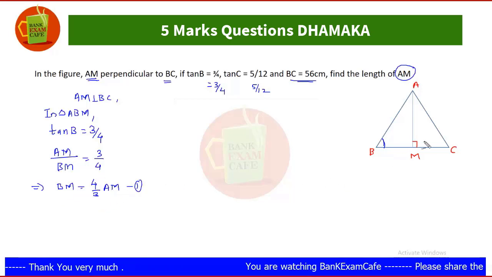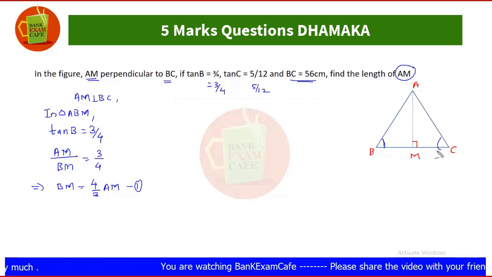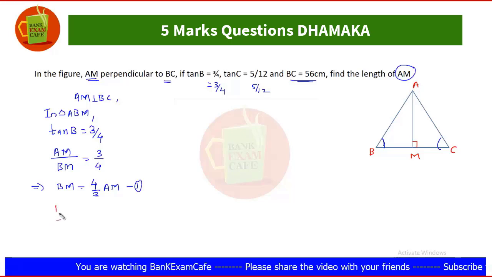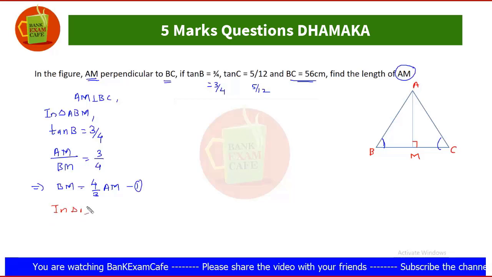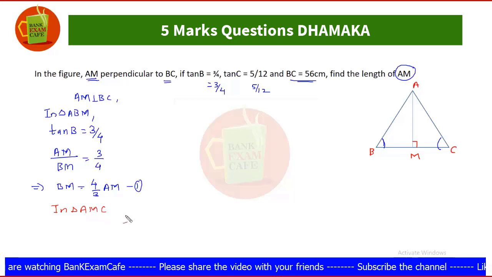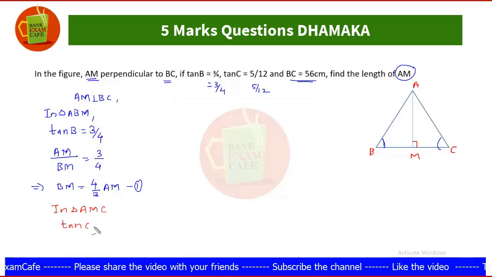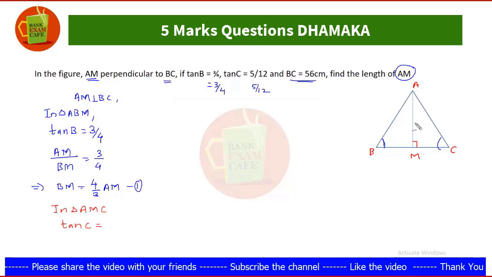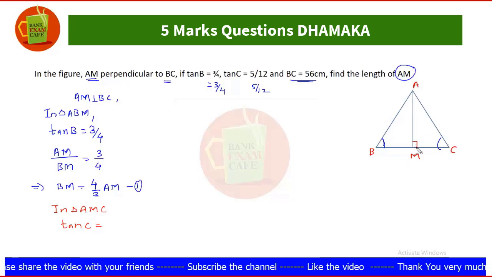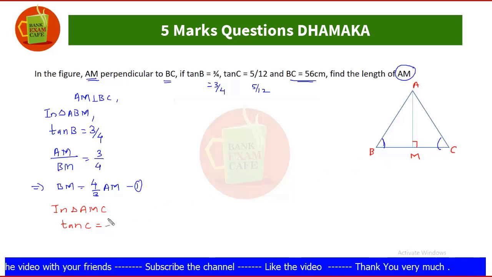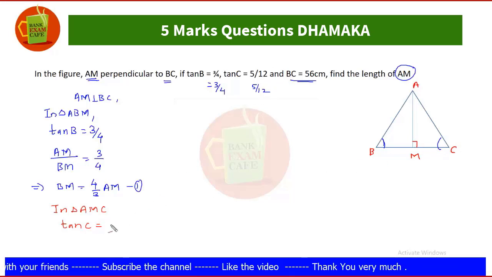Now it is given that tan C is equal to 5 by 12. So in triangle AMC, we have tan C is equal to, tan C means opposite upon adjacent, that is AM upon MC. This tan C is given as 5 by 12.